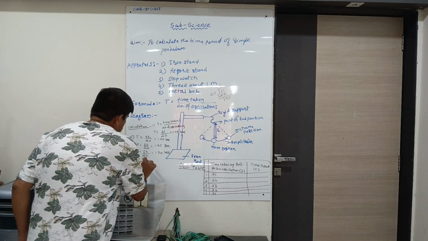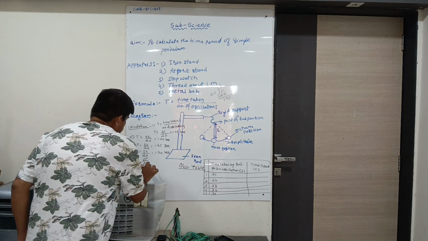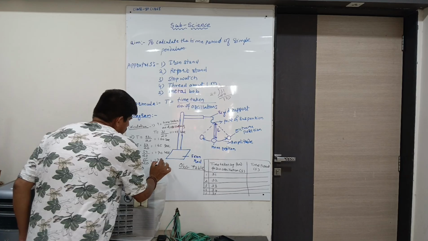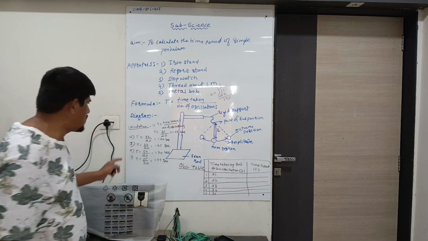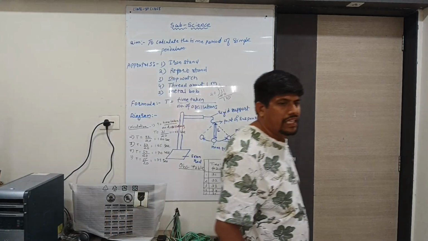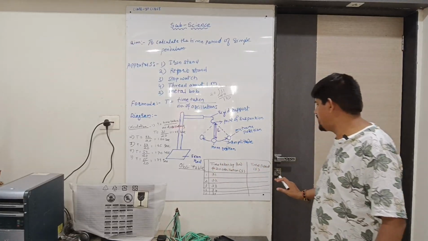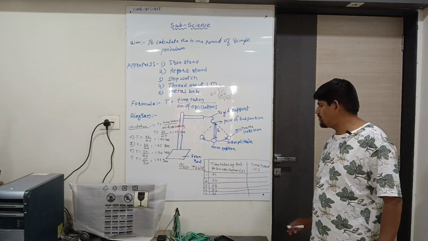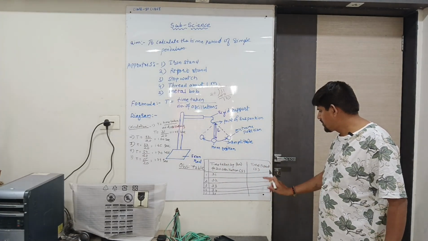Fifth, t equals 35 divided by 20 equals 1.75 seconds. So these are the observations, and these are the time periods we are calculating from this tabular form.